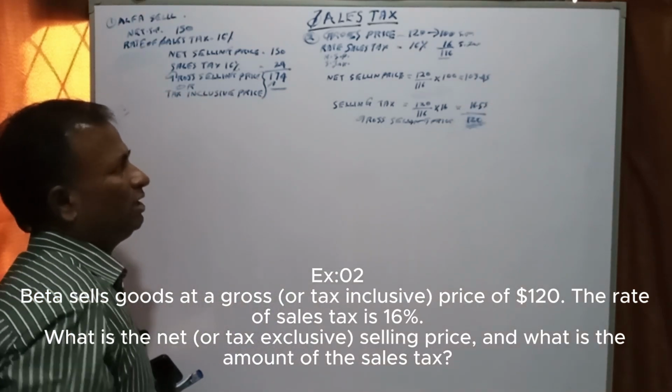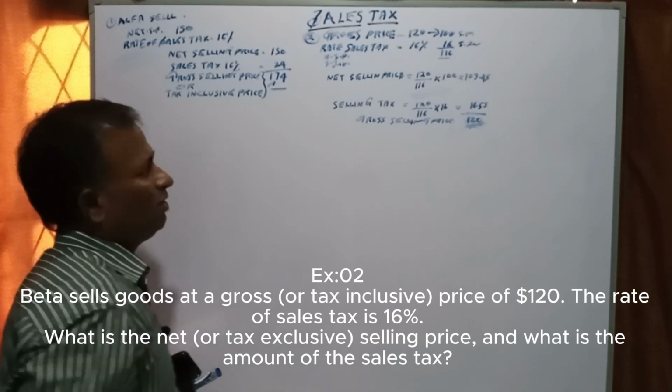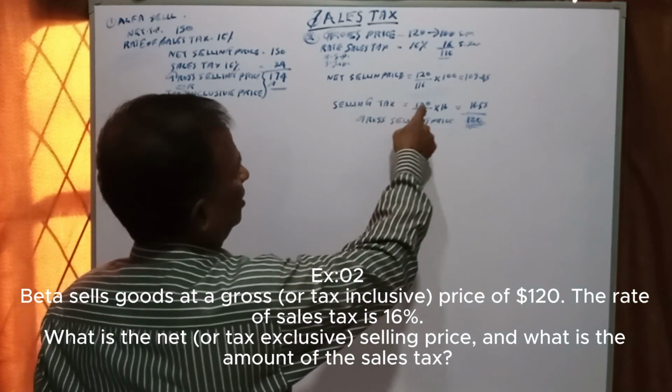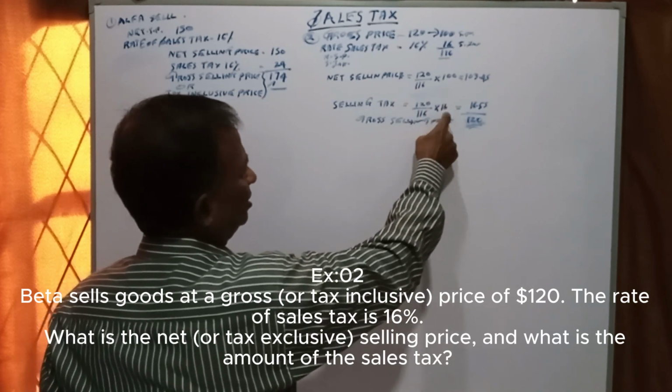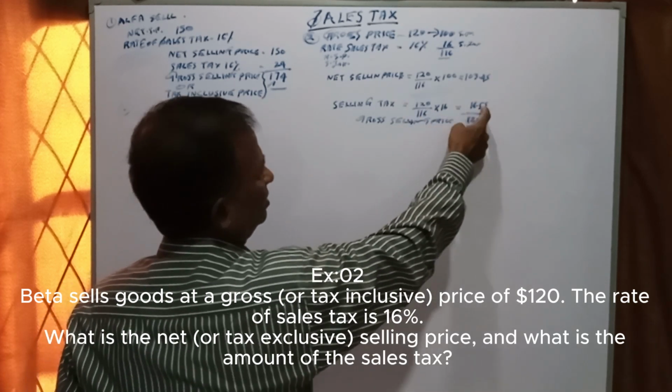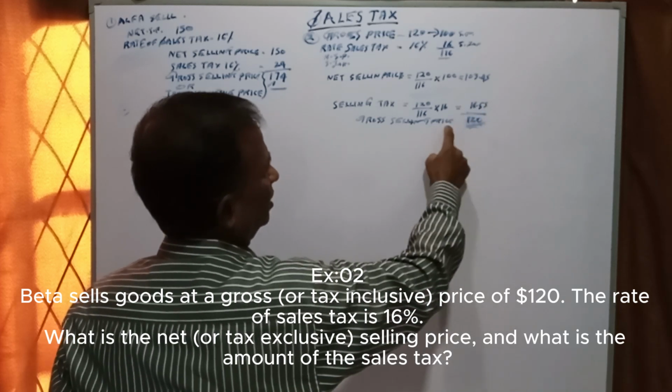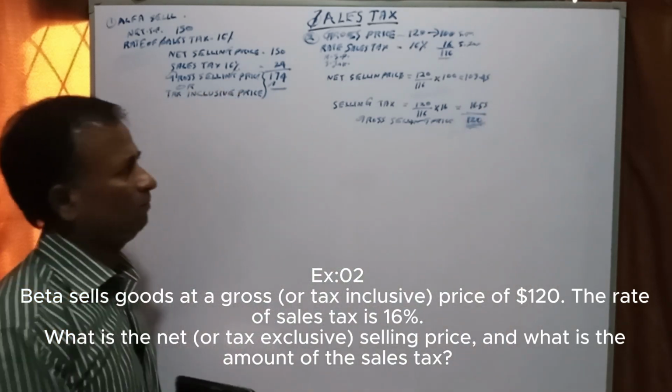Then to get the sales tax, 120 divided by 116 into 16 percent is 16.55.